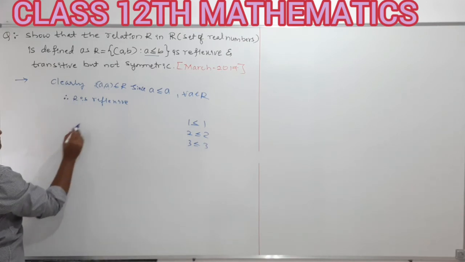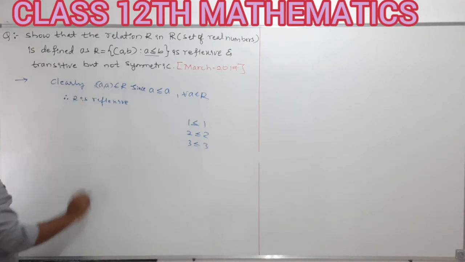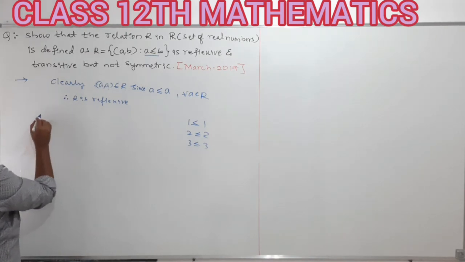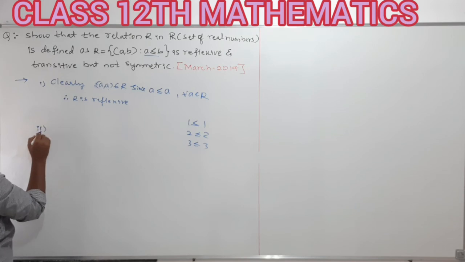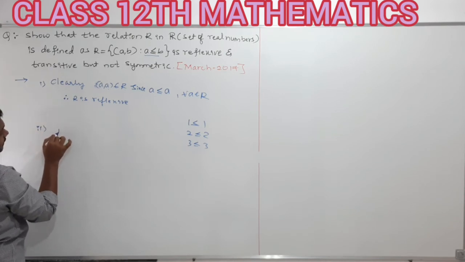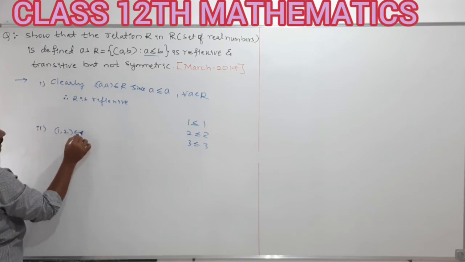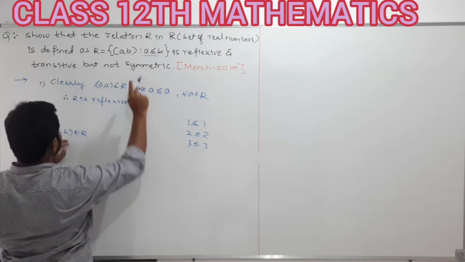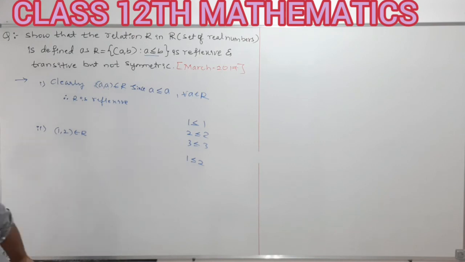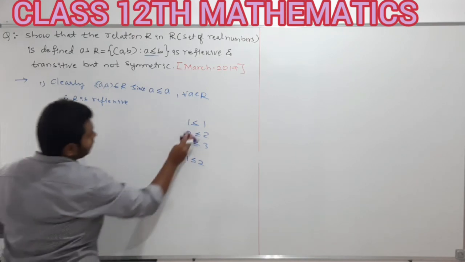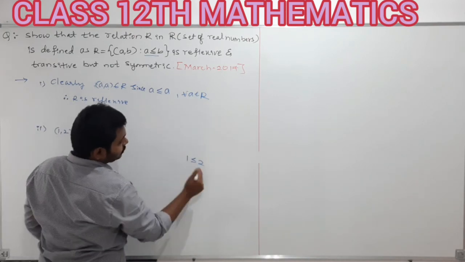Next, we should show that it is not symmetric. To show this, first of all, this is your first condition. For the second, I am going to show that (1, 2) belongs to R, because 1 is less than or equal to 2.